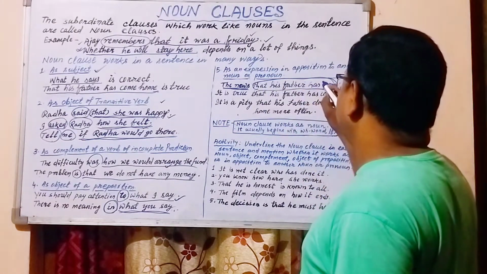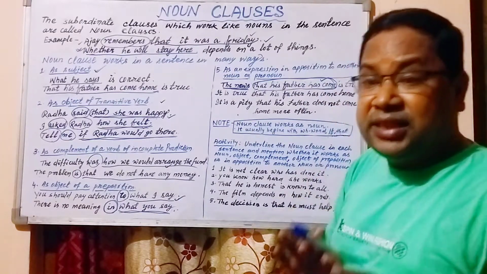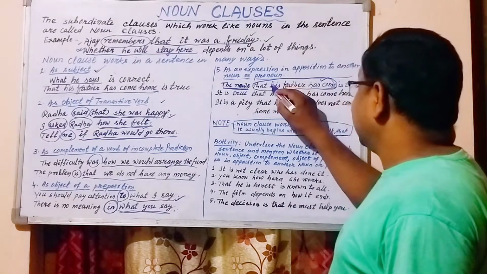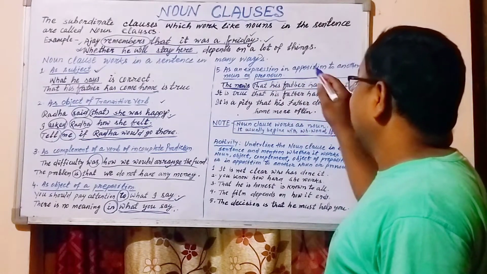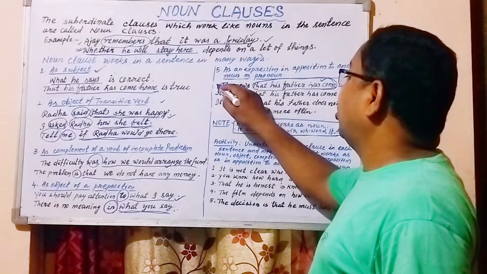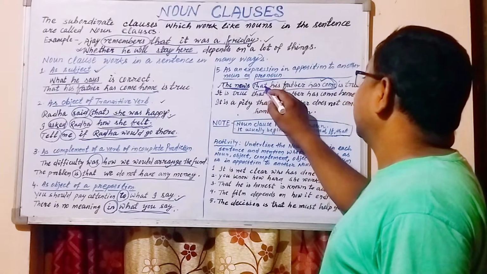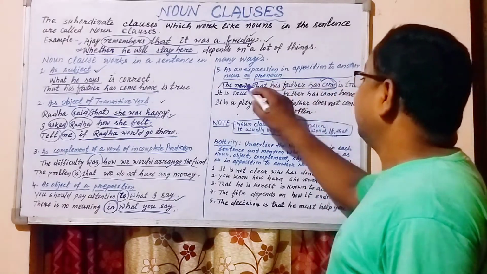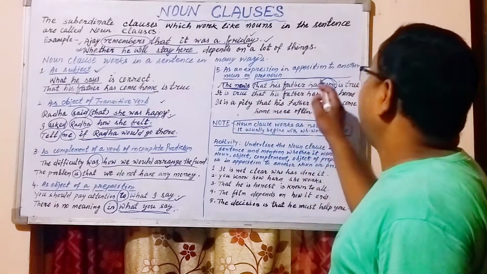That his father has come is the noun clause in this sentence. And in this sentence, that his father has come can be replaced by the news. Here the news is the noun and it can be replaced by that his father has come. That means, what is the news? That his father has come.